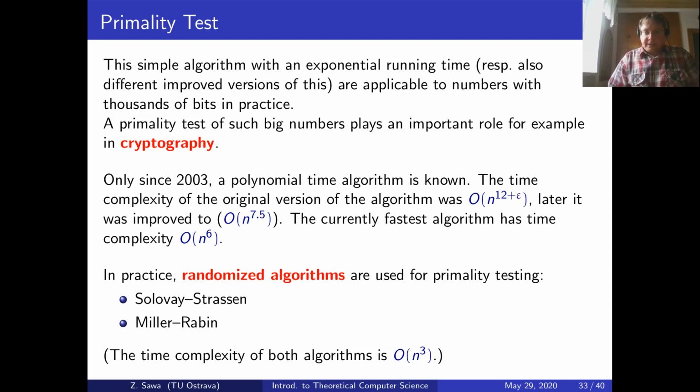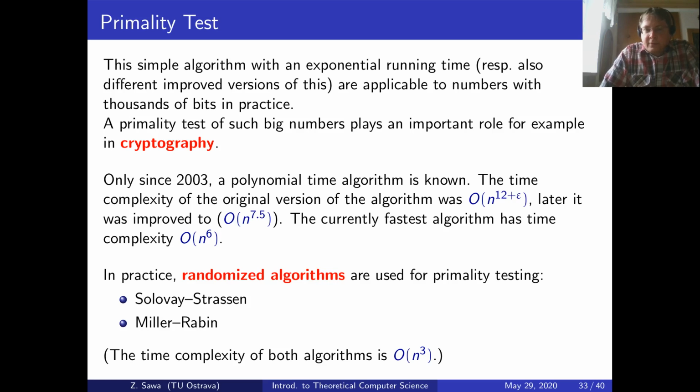Later there were some improvements using the ideas of this algorithm, and other variants were found that are more efficient. It was improved to something like big O n to 7.5, and currently the fastest algorithm for primality testing is something like big O n to 6. But this exponent 6 is still quite big, so it would take a lot of time for numbers with thousands of bits.